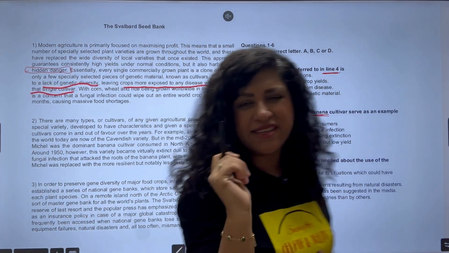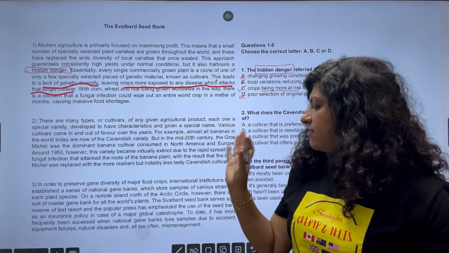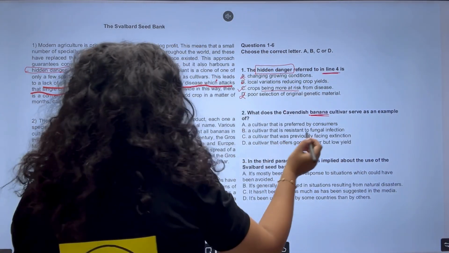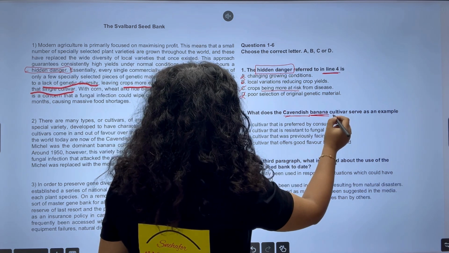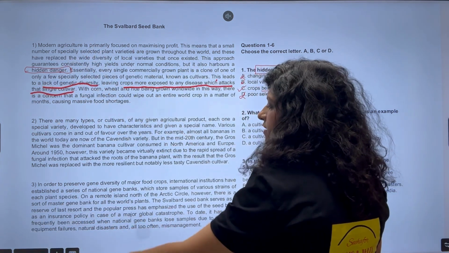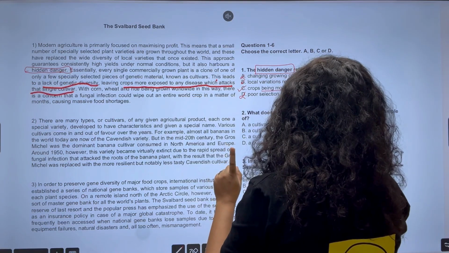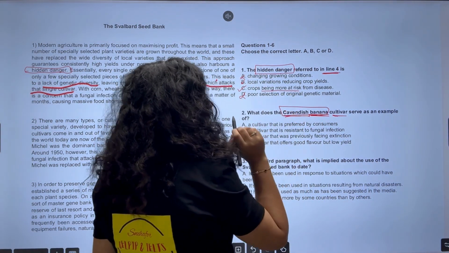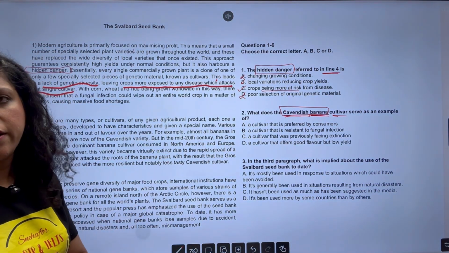Because if you look at the text very carefully, cultivar is one term that you can see everywhere in the entire text. So I am not going to say that cultivar is my keyword. Cavendish banana can be. So I am going to scan the text for Cavendish banana.